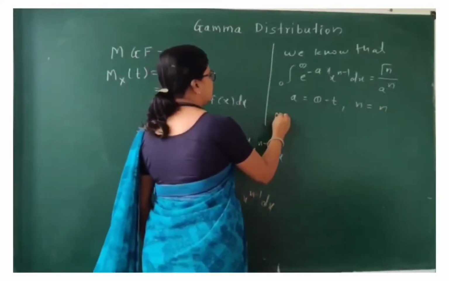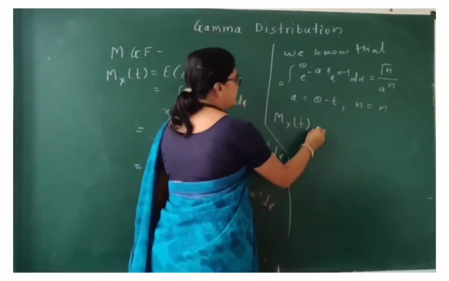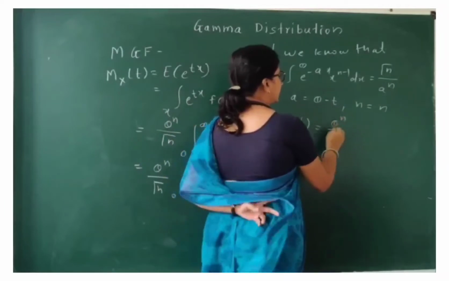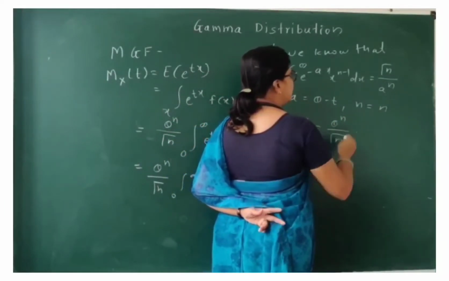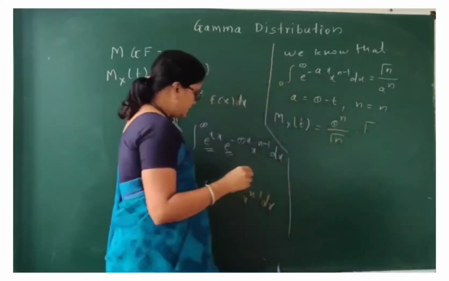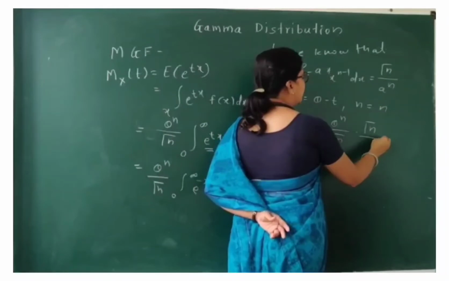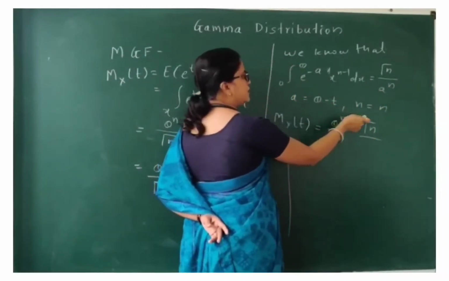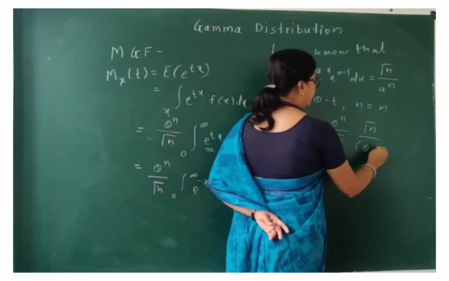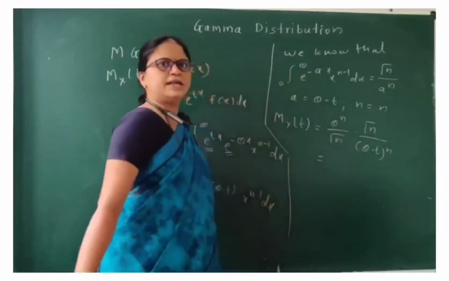So over here also x raised to power n minus 1 is there, hence the value of n is n only. So M_X(t) is equal to theta raised to n, gamma n, then the answer for this integral becomes gamma n upon a raised to n, so theta minus t raised to n. So gamma n gets cancelled.